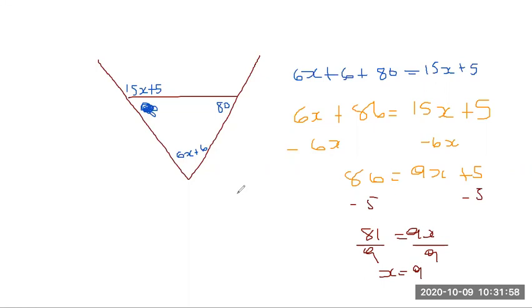So for the first one where it says 15 times 9, that's 135, plus 5, which is 140. Now it's the same thing here. Do 9 times 6, which is 54, plus 6, 60.